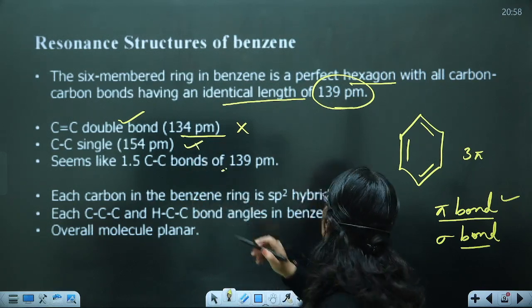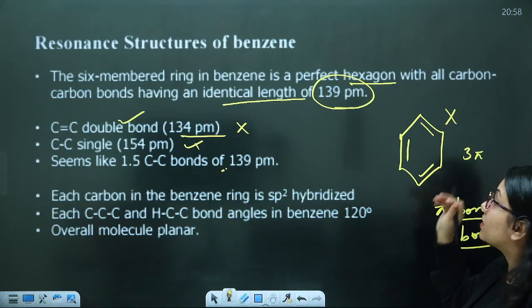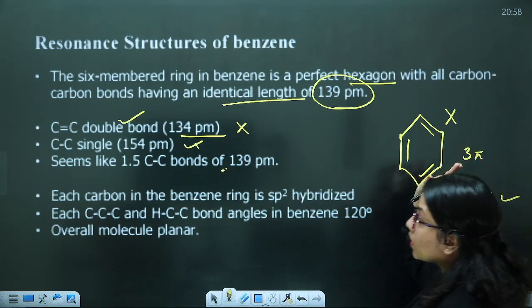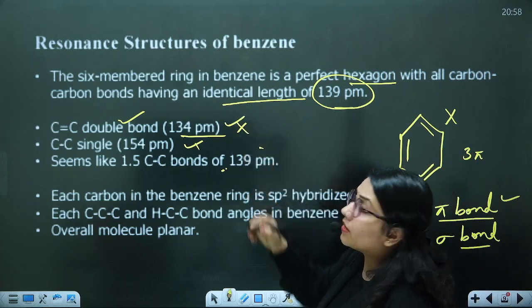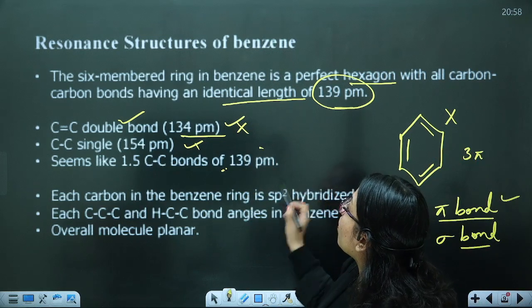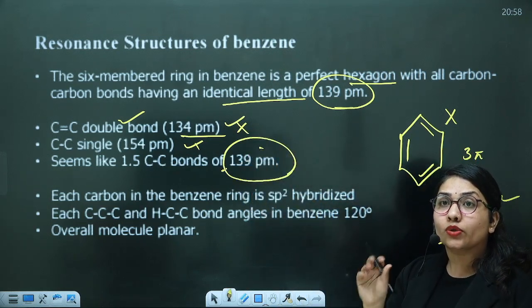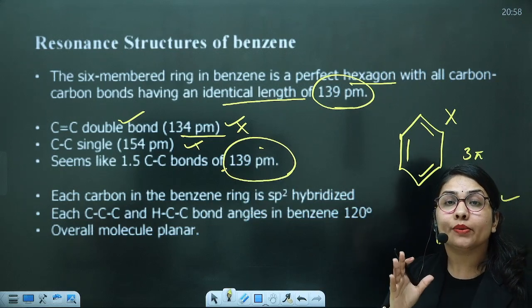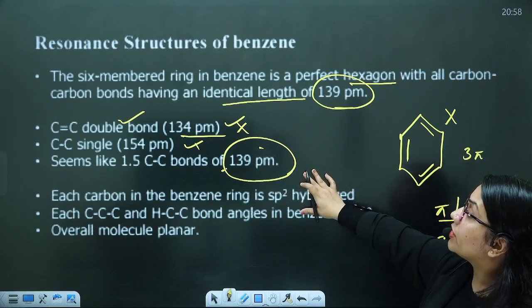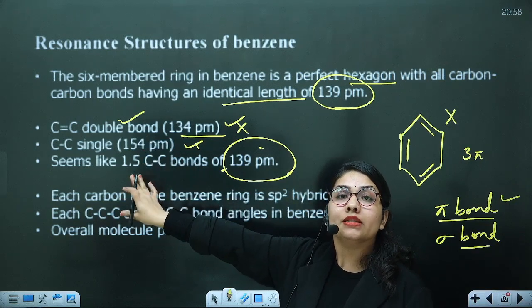So it cannot look like this, because this structure should be similar to this data, but it is not. Instead we got a length of 139 picometer, which was intermediate between the carbon carbon double bond length and the carbon carbon single bond length.